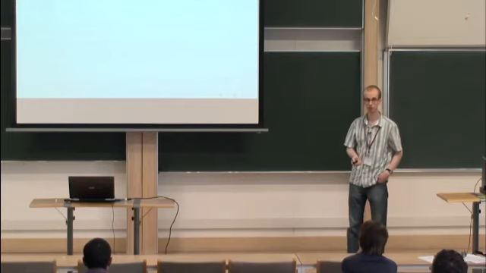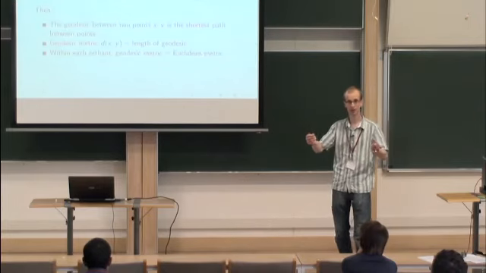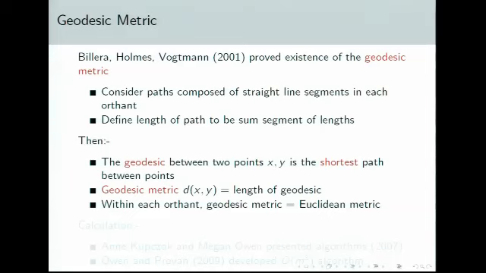If you take 2 points in tree space, the distance between them is the length of the shortest such path between those 2 points. Within each fixed piece, each orthant of tree space, we just get the Euclidean metric.